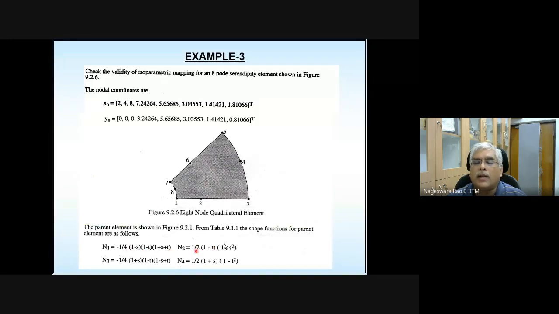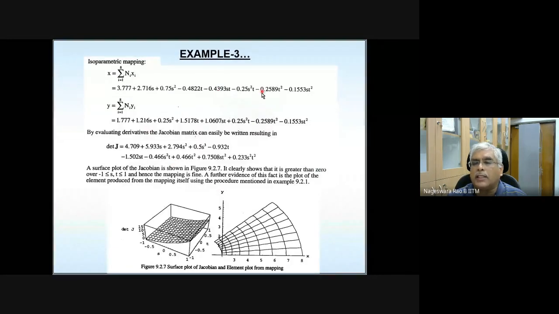For that you need to know all the shape functions of the parent element, N1 to N8. This is the 8-node quadrilateral element. So you write the expressions for N1 to N8 and write the isoparametric relation, and also you find determinant of J. Please note that for a 4-node element, determinant of J is going to be linear.